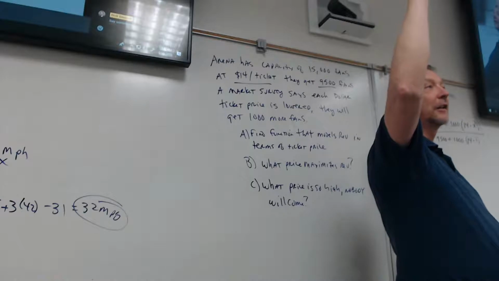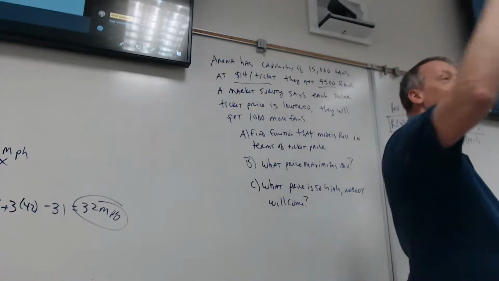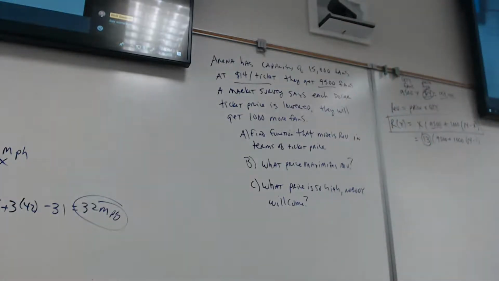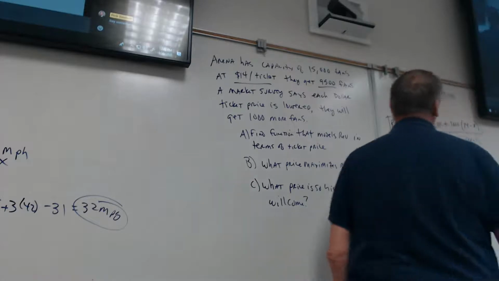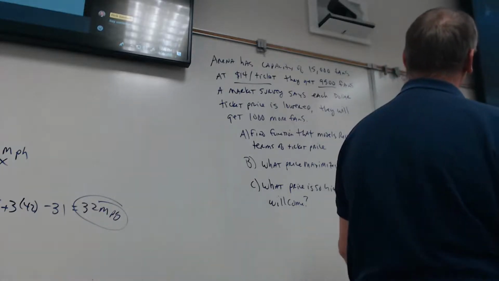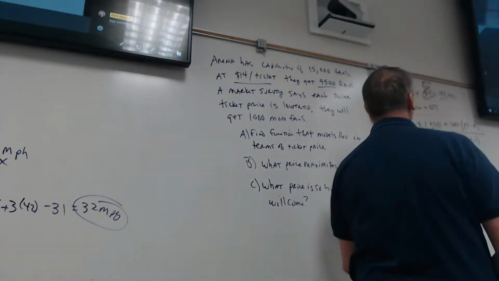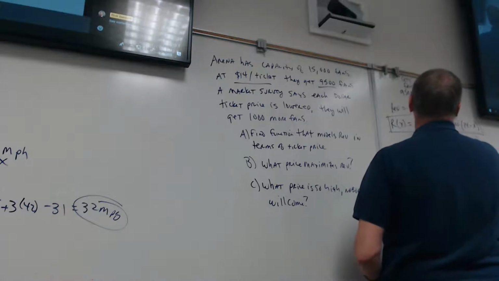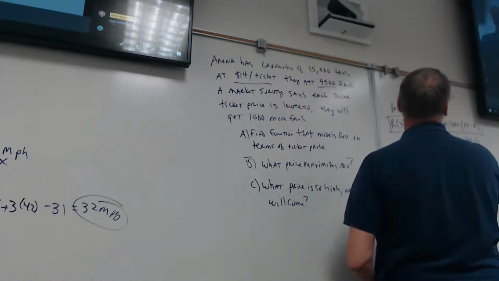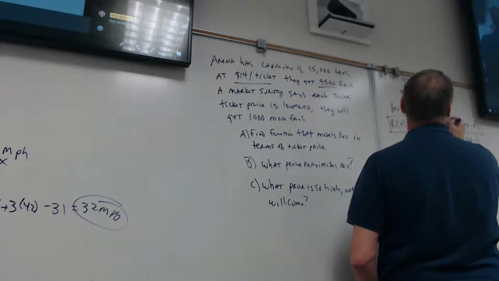I have a question. Who raised your hand twice? Question. So there's an x at the beginning of the function and at the end, but you put two different numbers in for each x. Well, here's what I do. I understand that lowering the price of 14 by 1 would be this, but should it be different variables?